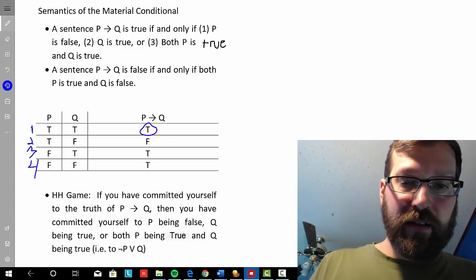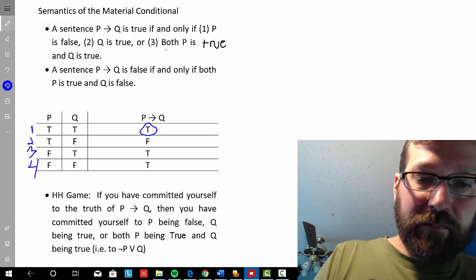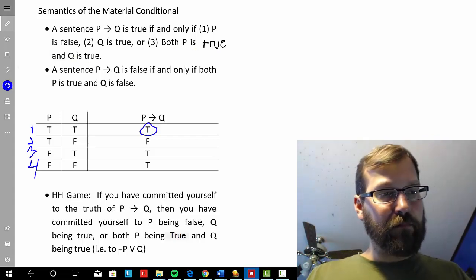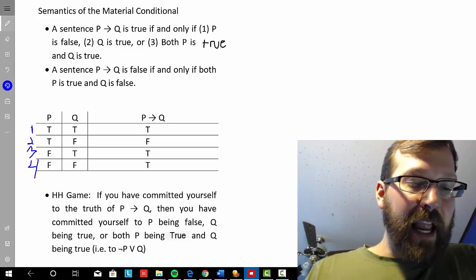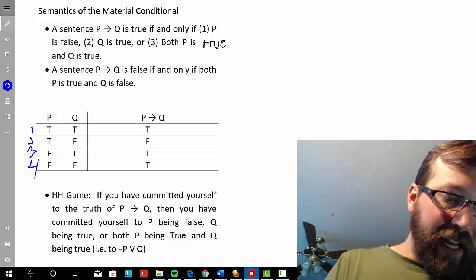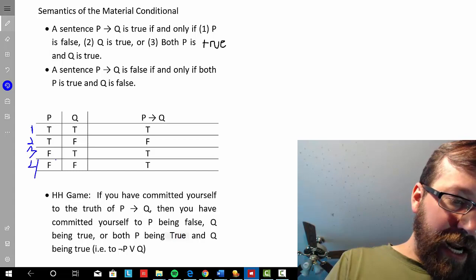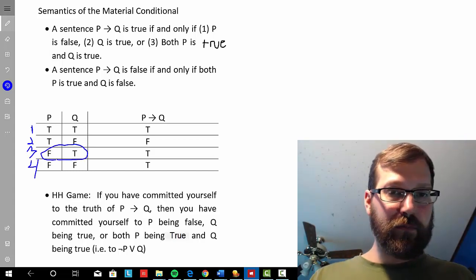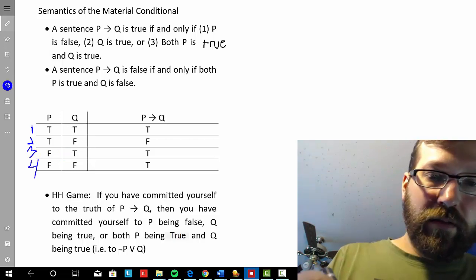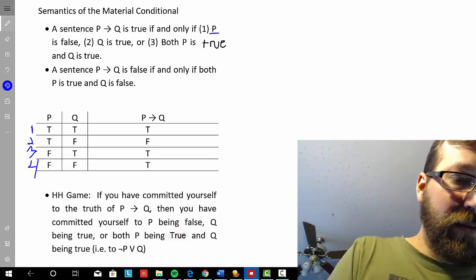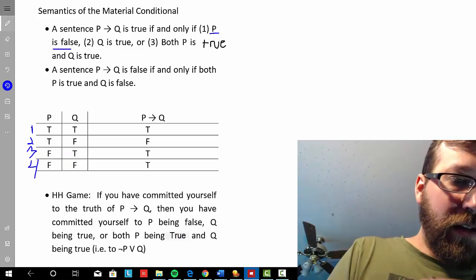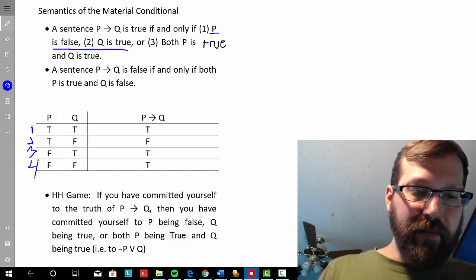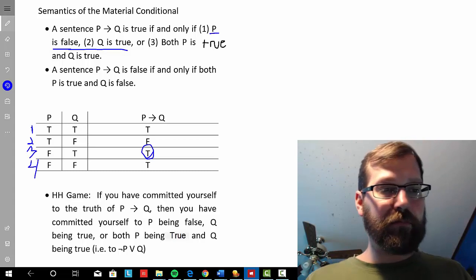That's just this case. Case 3 is a case in which the antecedent is false, but the consequent is true, corresponding to actually both of these cases. And that spits out true.